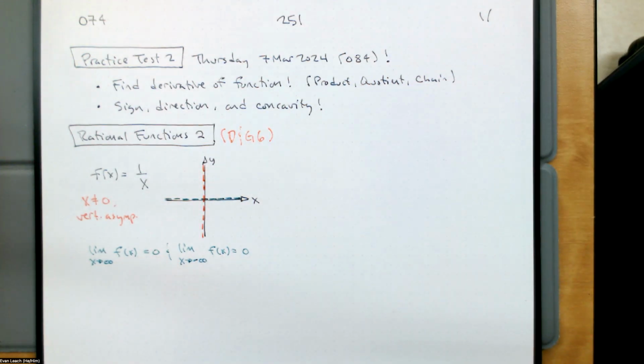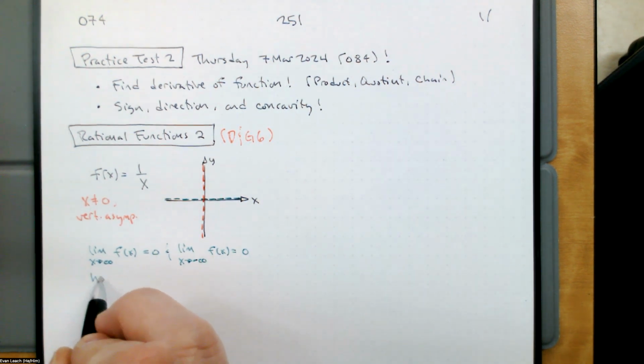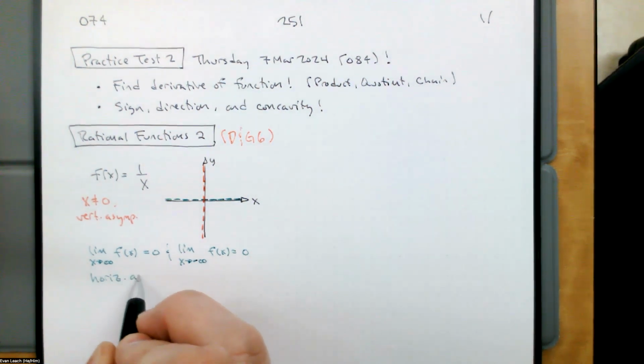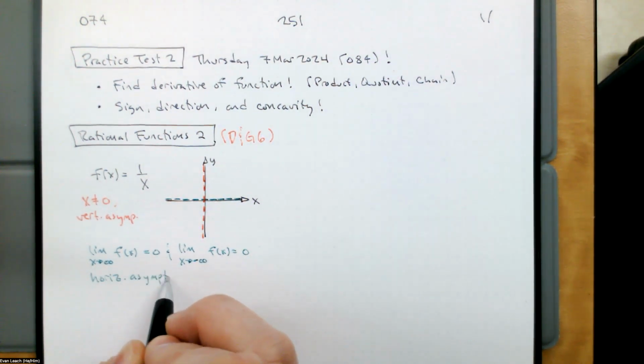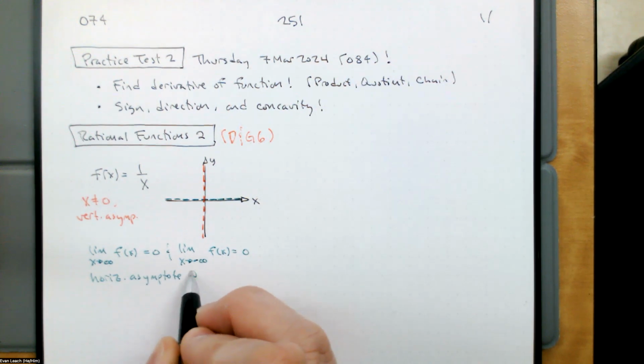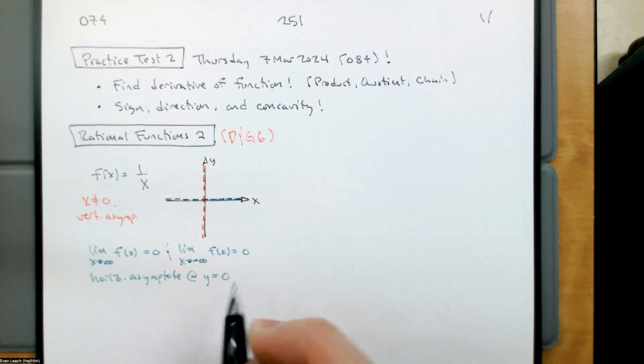Horizontal asymptotes mean that the function in the long run flattens out. So we have a horizontal asymptote at y equals 0.